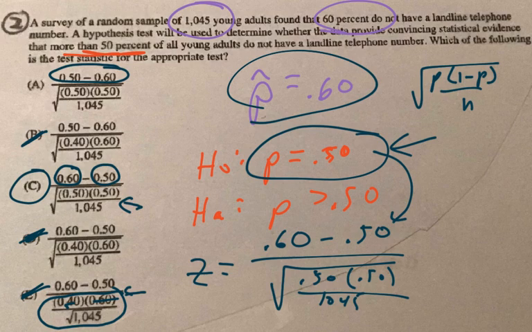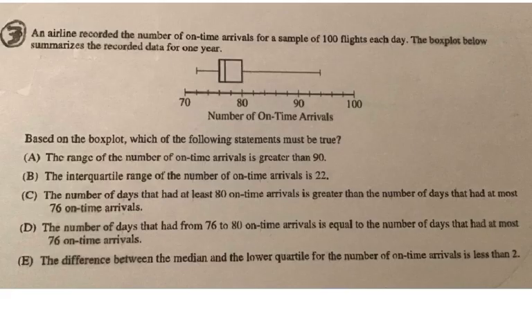Okay. Number 3. Guys, whenever they give you a graph like this box plot, take the time to label it. So notice our scale here is going by 2. So you can see right here, my Q1, as we say, the left edge is at 76.